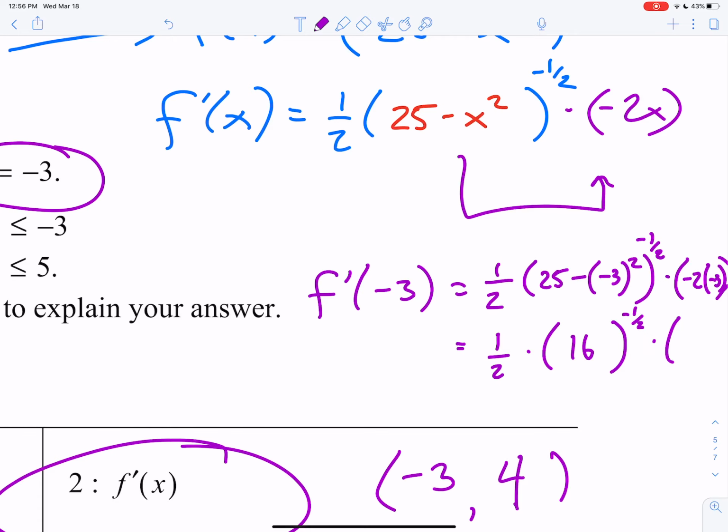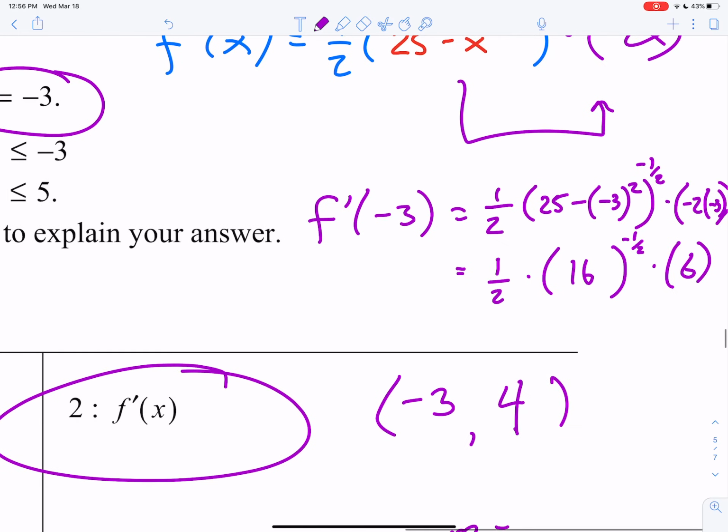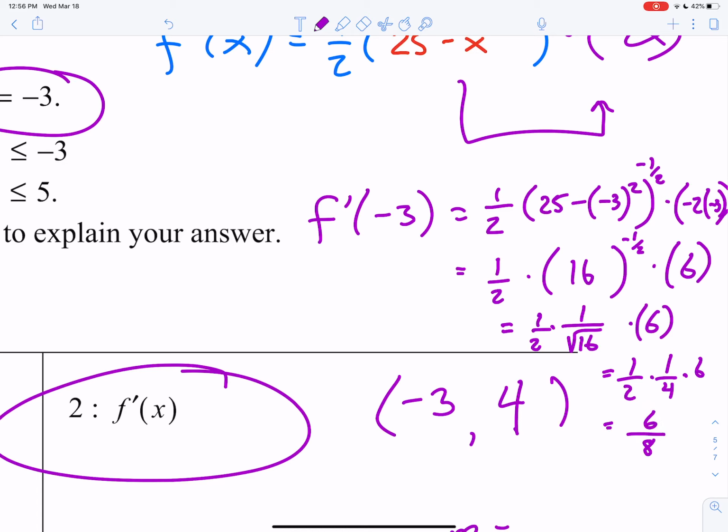Over here is going to be a +6. Remember that negative exponents will turn it into fraction, and that 1/2 power is really just the square root. But here's the thing, I'm going all the way through. I'm getting 1/2 times 1/4 times 6. And I'm getting 6 over 8, which is really just 3 over 4.